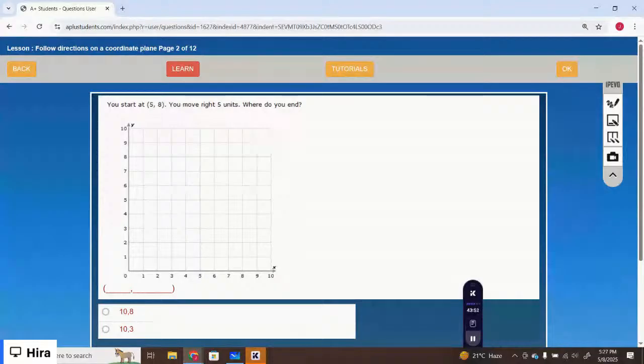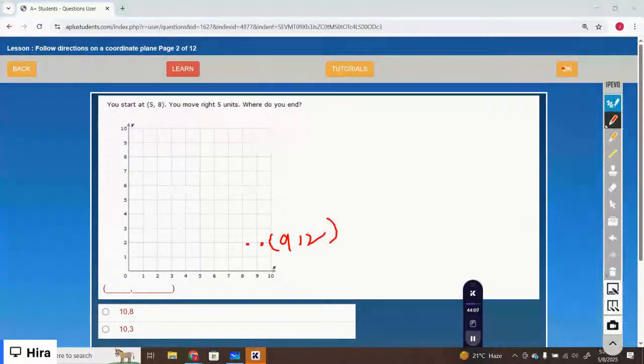You start at (5, 8). You move right 5 units. Where do you end? X is 5, Y is 8.